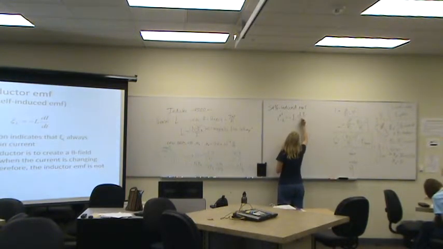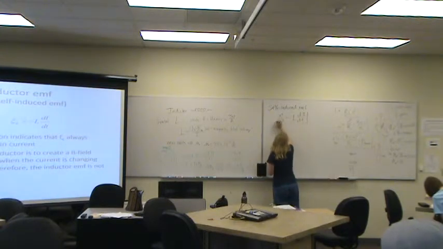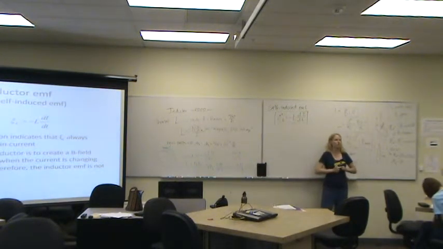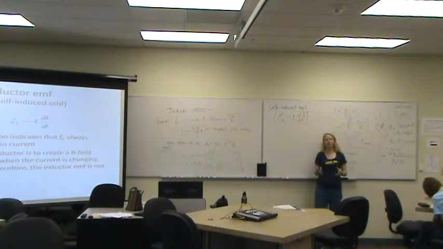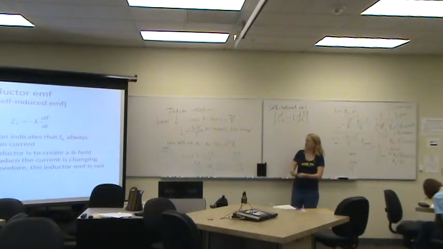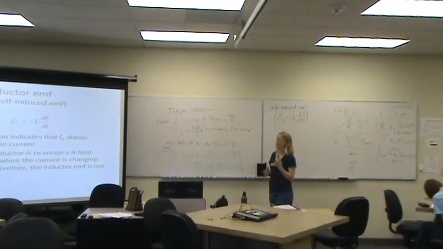And again, that negative in the equation isn't necessarily indicative of the direction of the induced EMF. We still have to use our logic to figure out the direction of the induced EMF. It's just reminding us that the induced EMF is opposing a change in the current. That's why it's derived from Faraday's law. It's opposing the change in the current.